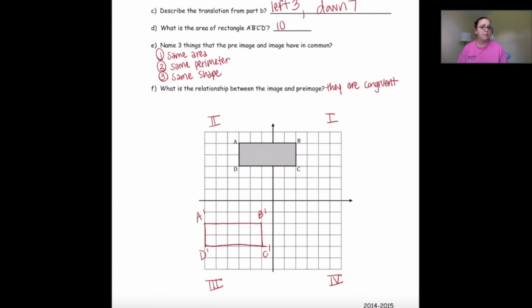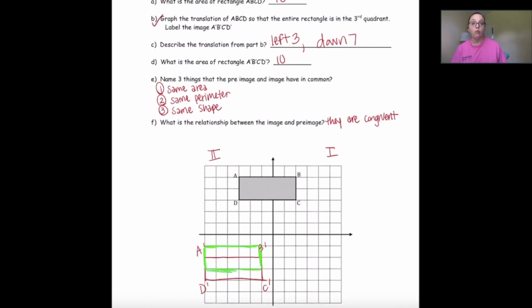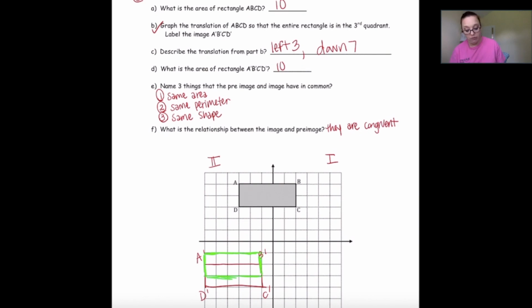Your rectangle ABCD might not be in the exact same position as mine. For example, you might have put yours like this, what I'm tracing over in green, and that would also work. Okay, so depending on exactly where yours is located, what you answered to C may be different.